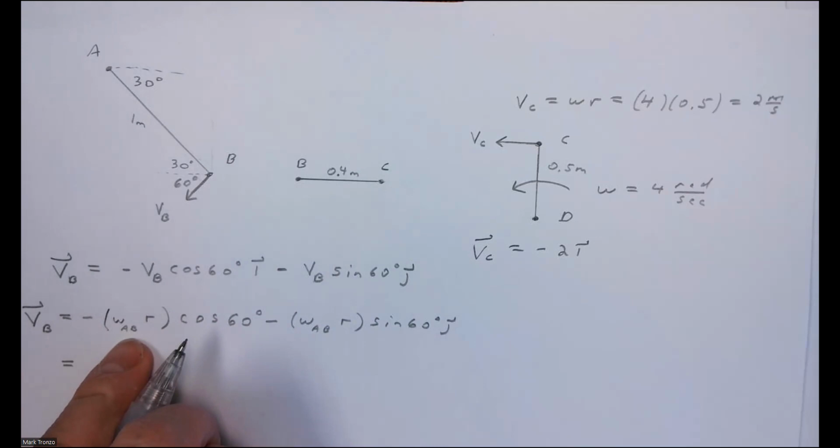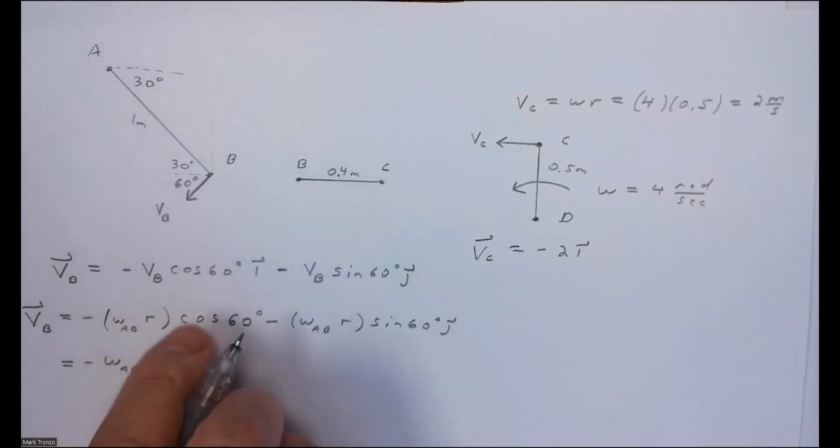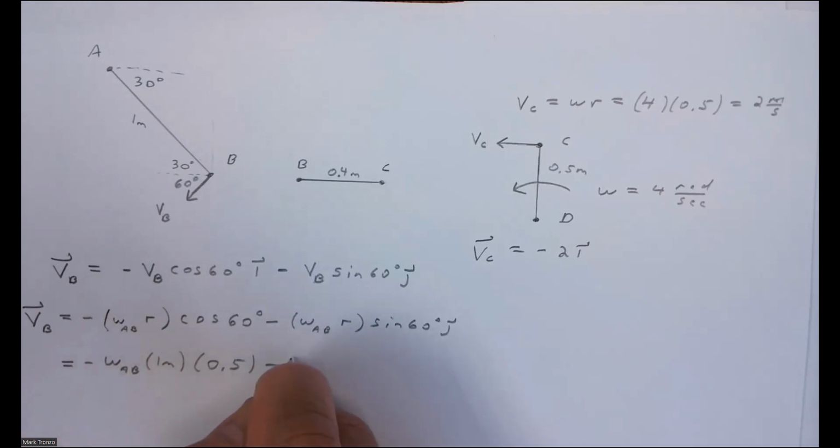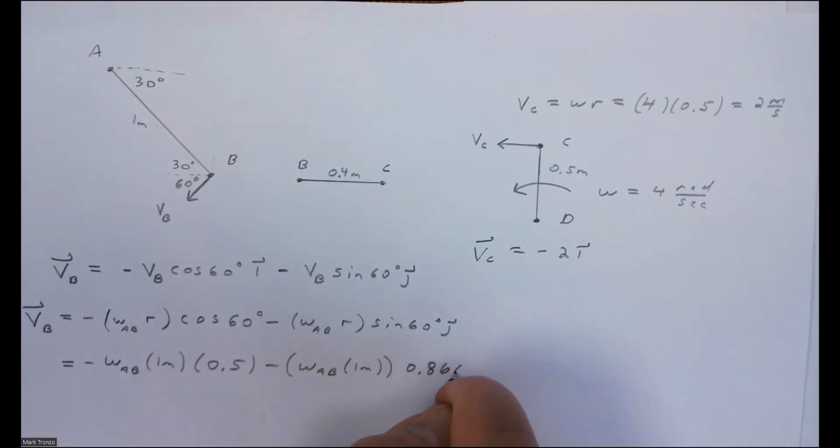And of course, we don't know what omega is, but we do know that r is 1 meter. And cosine of 60 is 0.5, and this is 1 meter, and sine of 60 is 0.866 j.